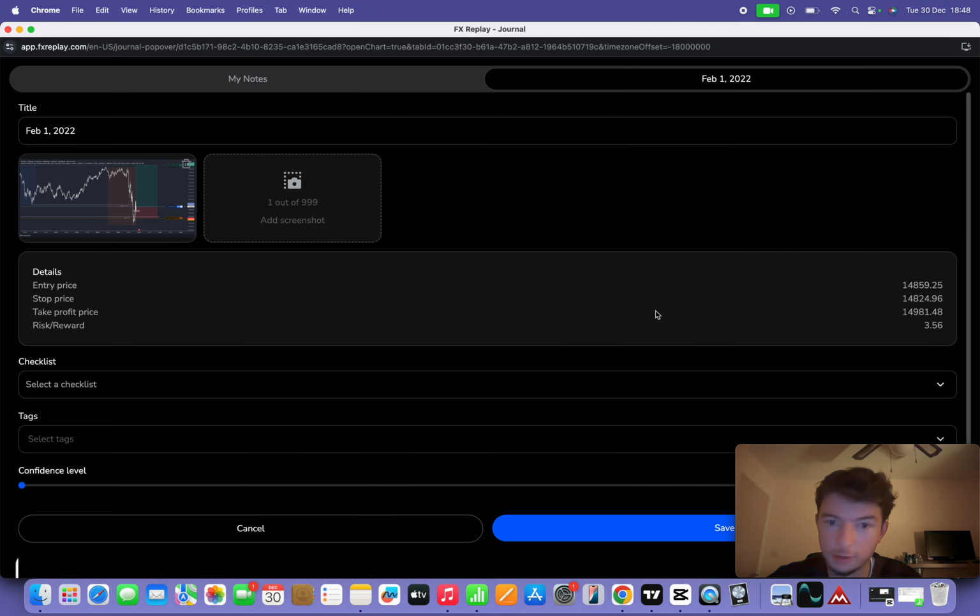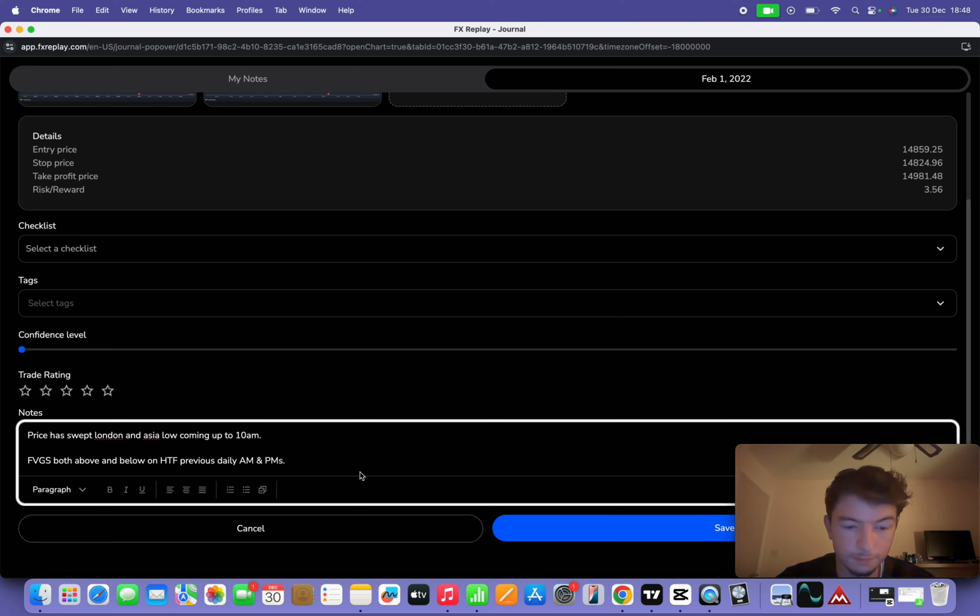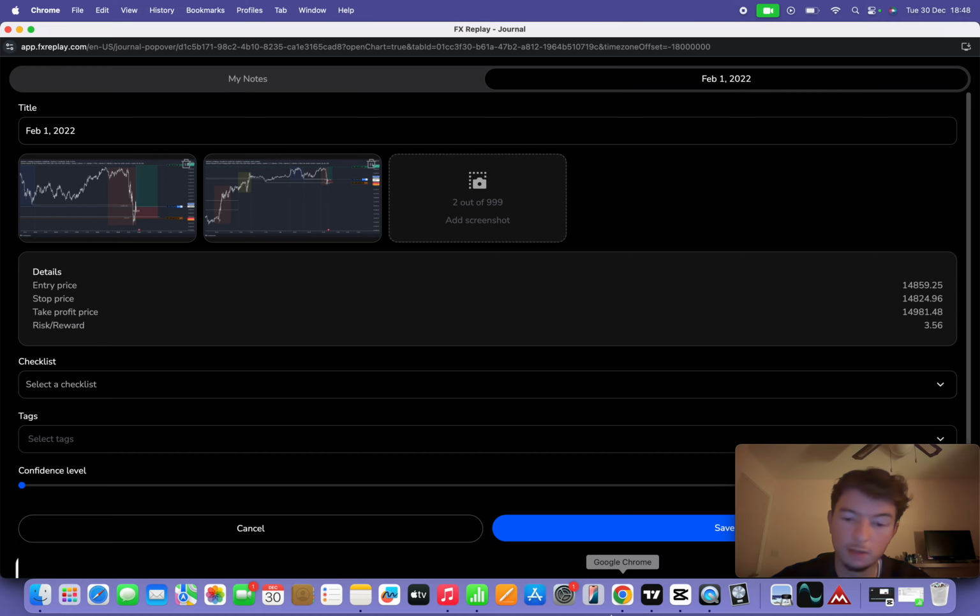I wish I had 2 monitors going on. Aiming for London High, pretty much. Aiming for London High after sweep of daily session lows. And we'll see how we go.